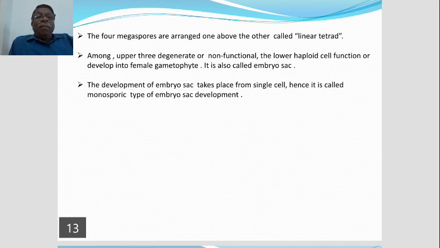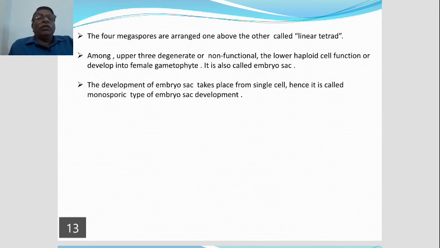The development of embryo sac in some angiosperms takes place from single haploid megaspore. Hence it is called monosporic type of embryo sac development.